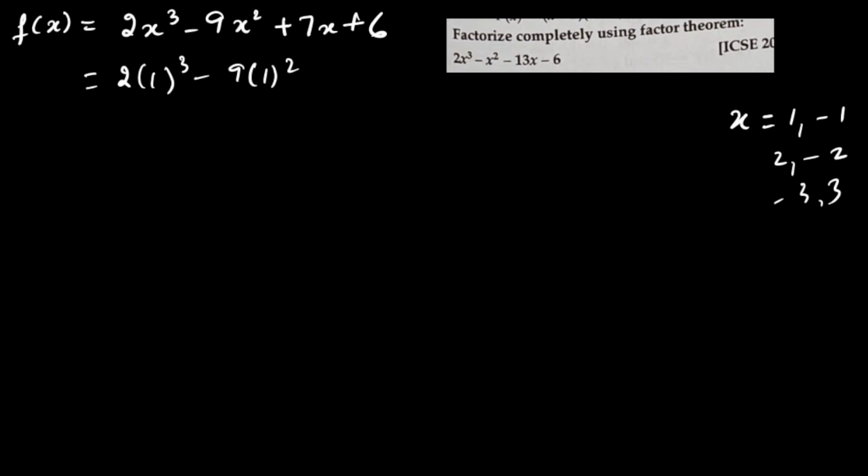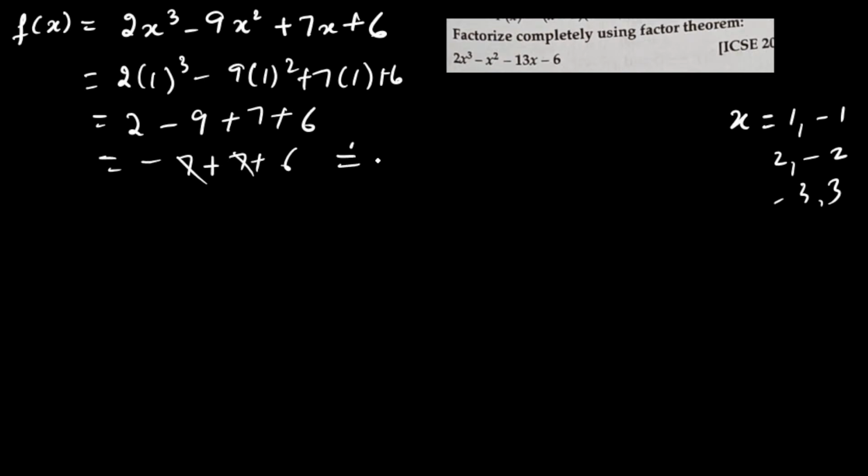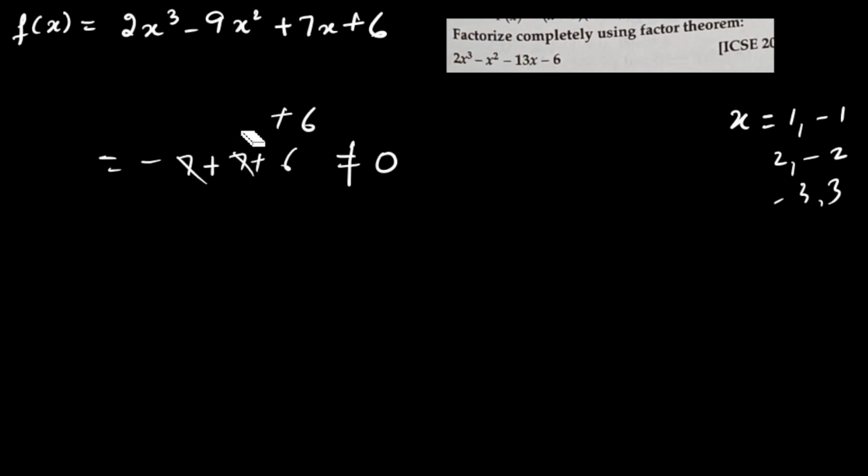Once you find the factor, then you can write that as the answer. So 2 into 1 is 2, minus 9 plus 7 plus 6. 2 minus 9 is minus 7, plus 7. So we are not getting the answer equal to 0. 6 we are getting. So that means 1 is not working out. We should get 0, and we just have to try out different values of x.